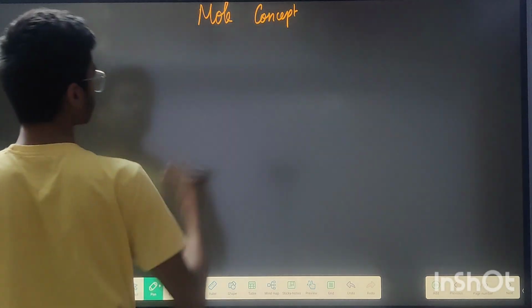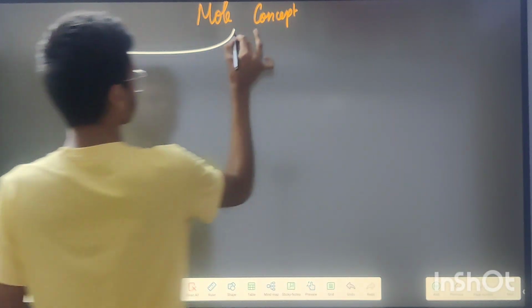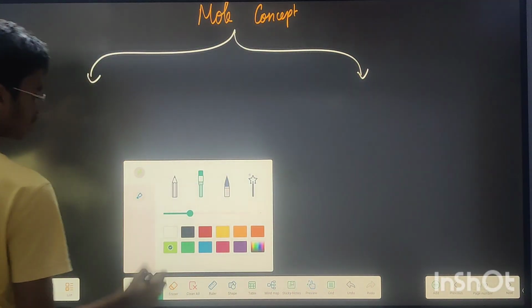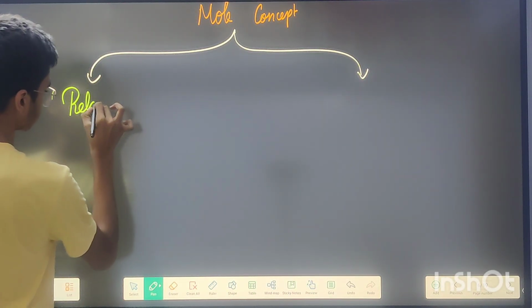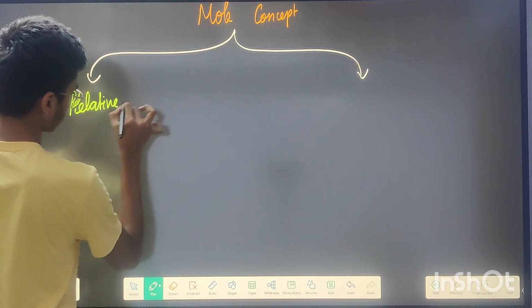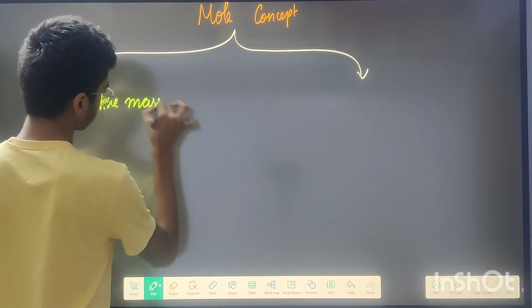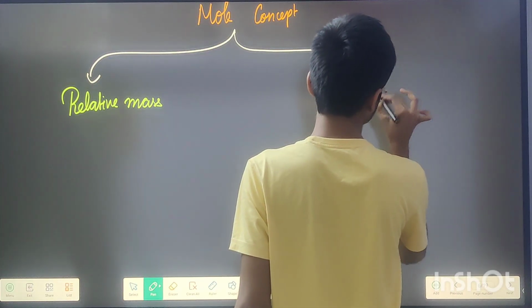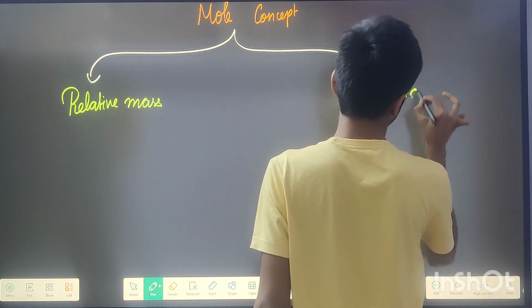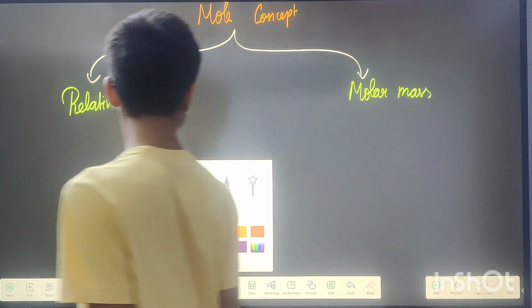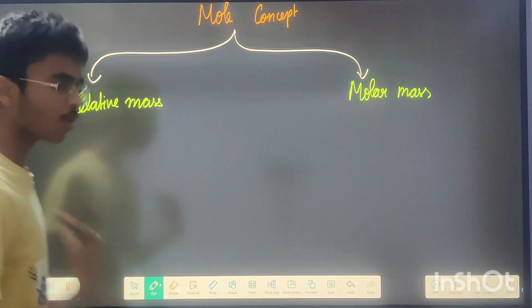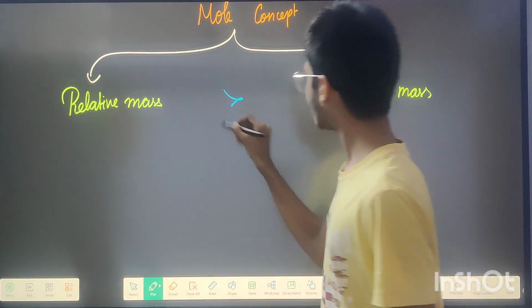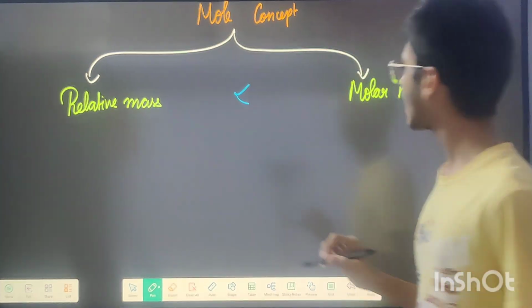You have to know 2 different things: relative mass and then molar mass. What is relative mass? Relative mass is actually a smaller unit than molar mass.